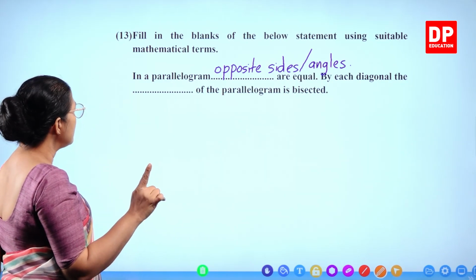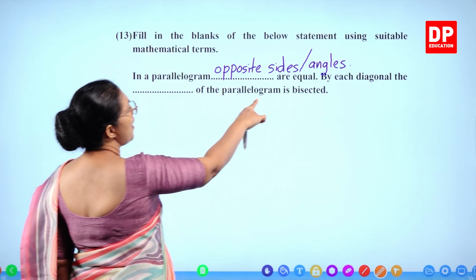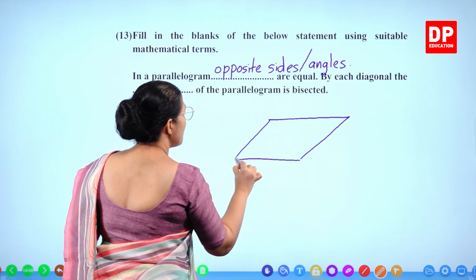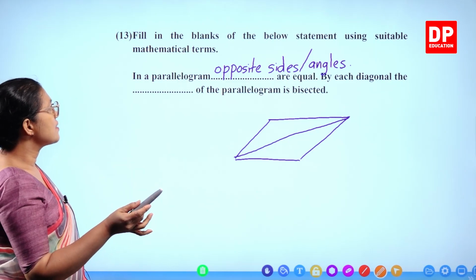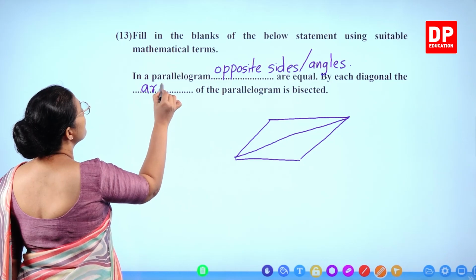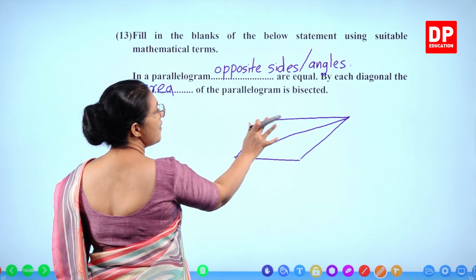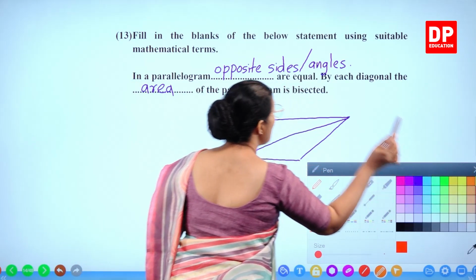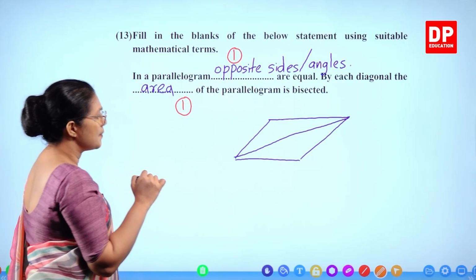By each diagonal, something of the parallelogram is bisected. We know when you draw the diagonal, what happens? The area is bisected. So by each diagonal, the area of the parallelogram is bisected. So this area and this area are equal. So in this question, you get 1 mark for the first space and 1 mark for the second space.